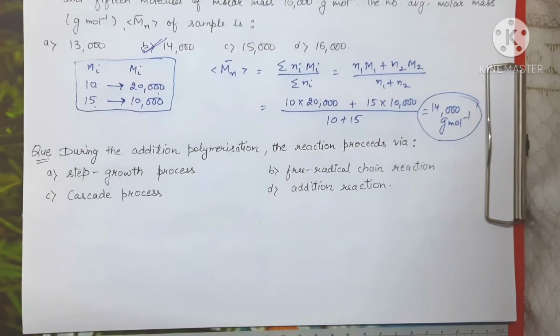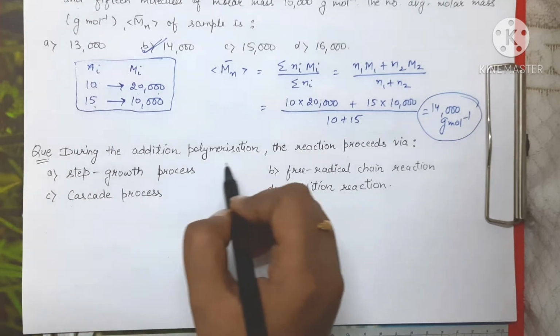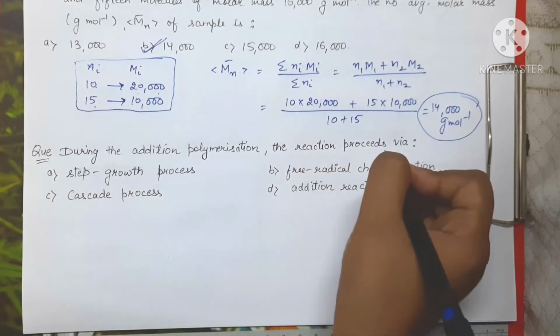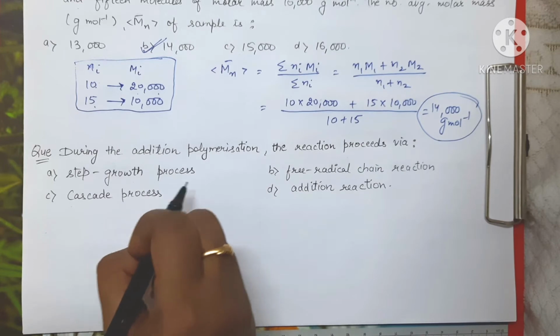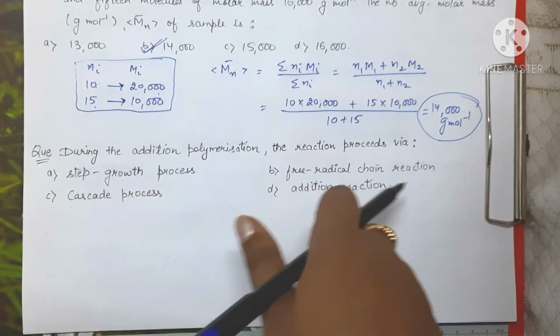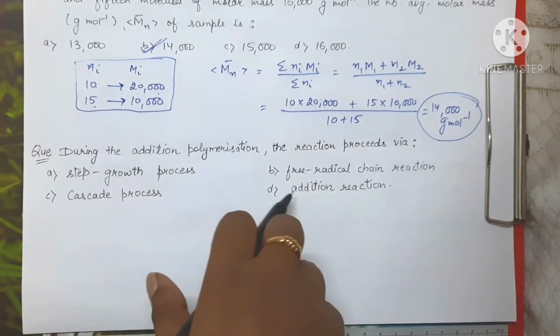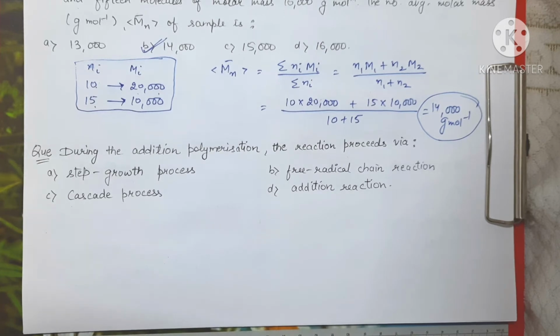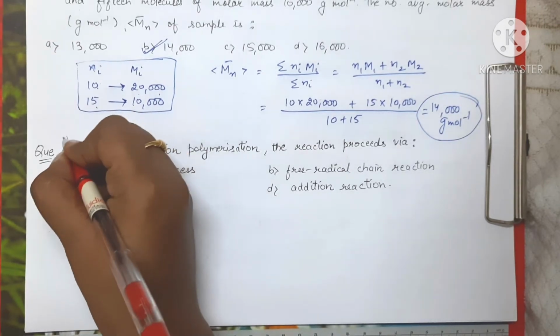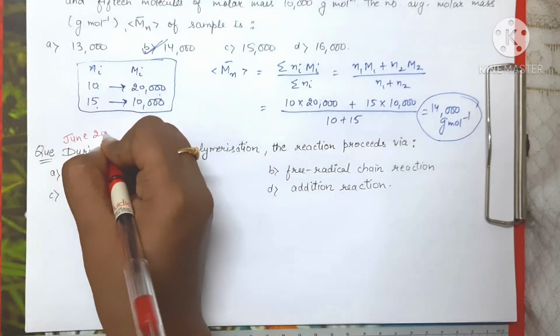The next question says that during the addition polymerization, the reaction proceeds via step growth process, free radical chain reaction, cascade process, or addition reaction. This question was asked in June 2012.